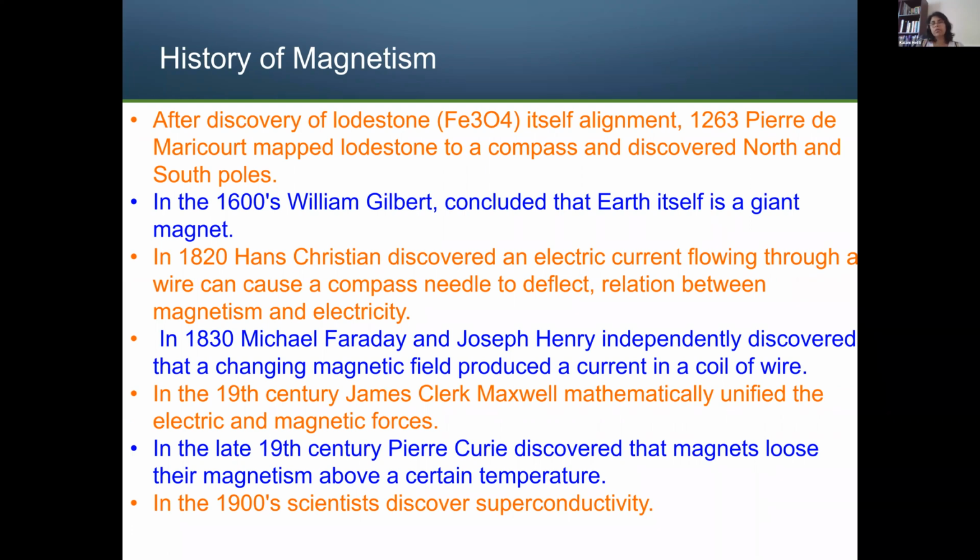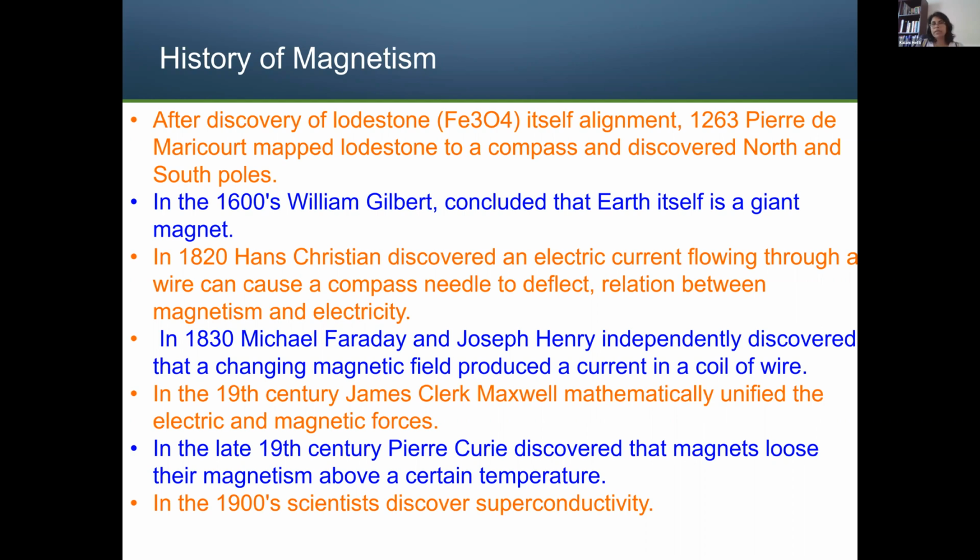Whenever you bring it into a magnetic field, it will show you the direction of that magnetic field. That is called the compass, right? After that, in 1600, William Gilbert found that the Earth itself has a huge magnet in its center, right? That creates magnetic field lines around the Earth.